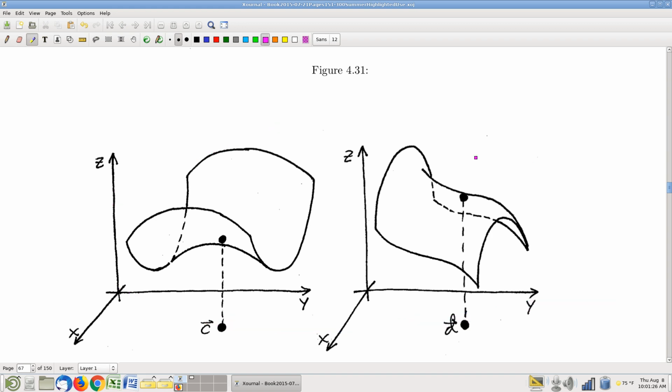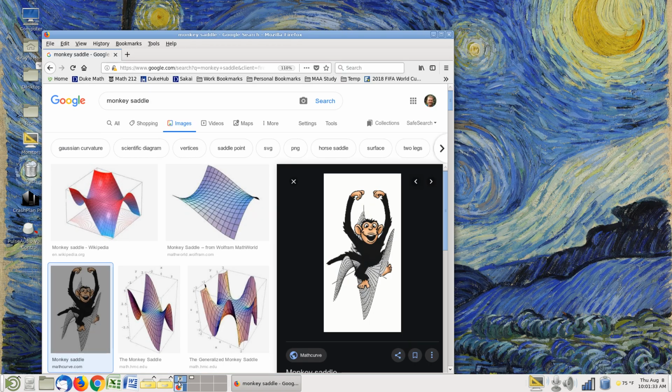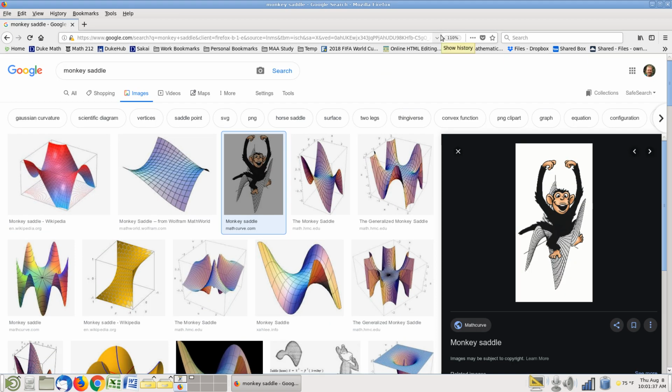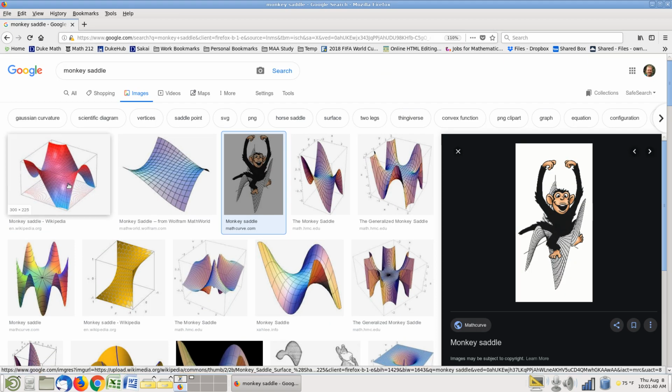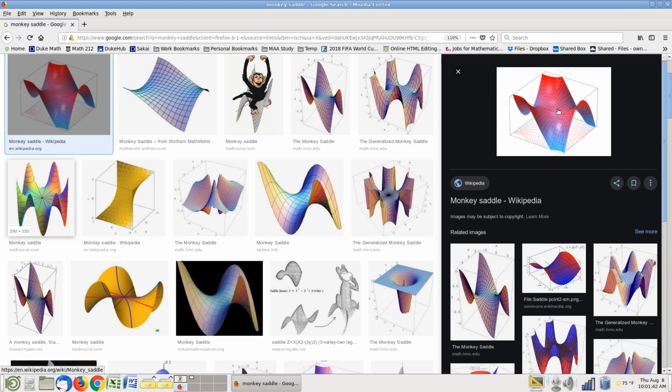There's bazillions of them. And I'm going to show you a picture of one that I think is interesting and also funny, and that is what they call the monkey saddle. This is a result of an easy Google search. They call it a monkey saddle. Now let's look at this picture over here. You can see it slopes down in kind of 3 different directions.